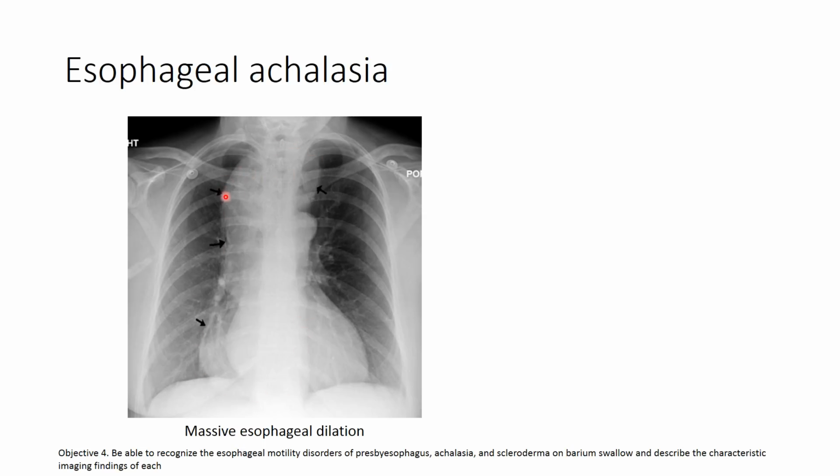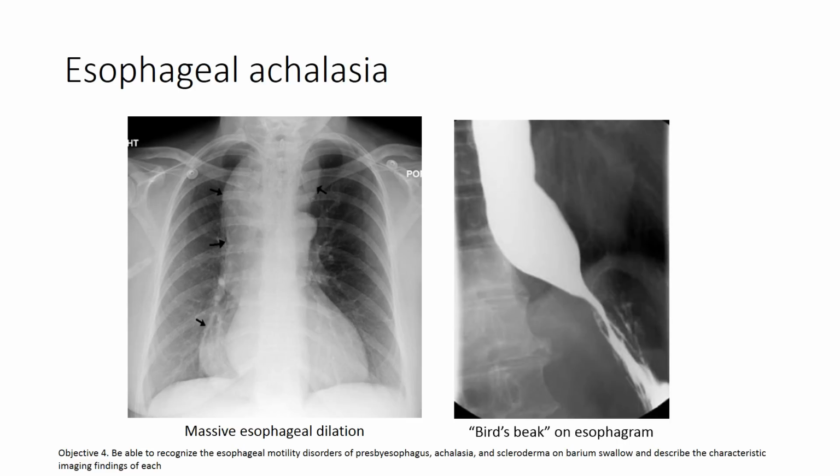And you can see the borders annotated by the arrows. And again, because of the narrowing of the lower esophageal sphincter, you get what we call a bird's beak appearance. So if this is the head of the bird, you can kind of see how that looks like a bird's beak. This happens to be a little bit of an angry bird because this guy has achalasia and he's not getting enough to eat and having chest pain when he does.